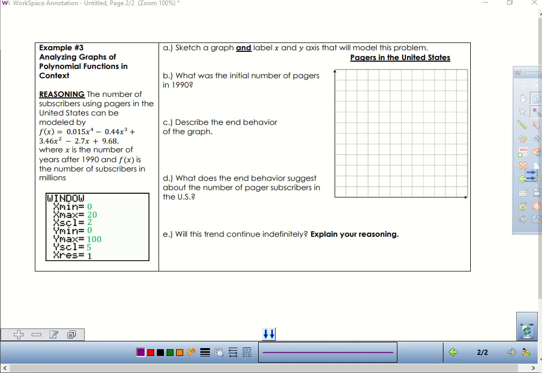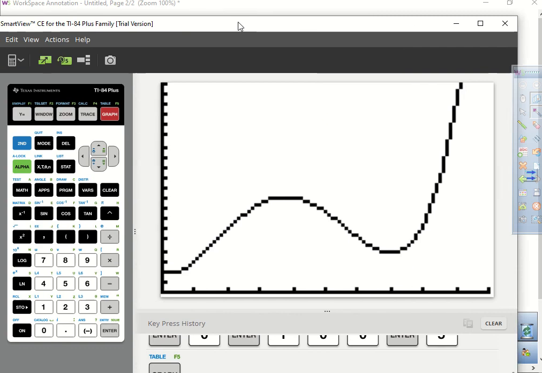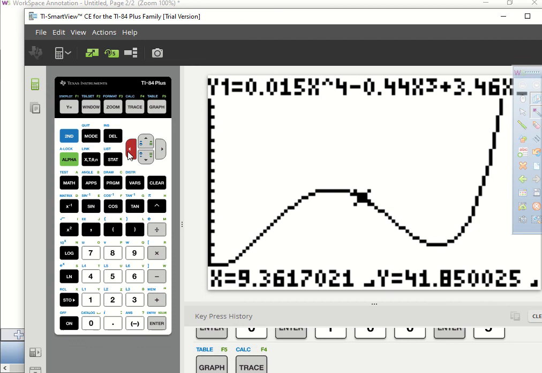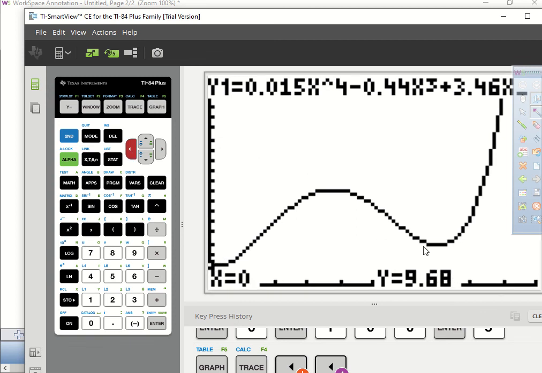If I want to sketch this, I'm going to have to figure out what this value is at. It looks like it's at about 2. I'm going to hit trace and go over here to make sure. Because we changed our boundaries and our scale, it's at about 9.68, so about 10.